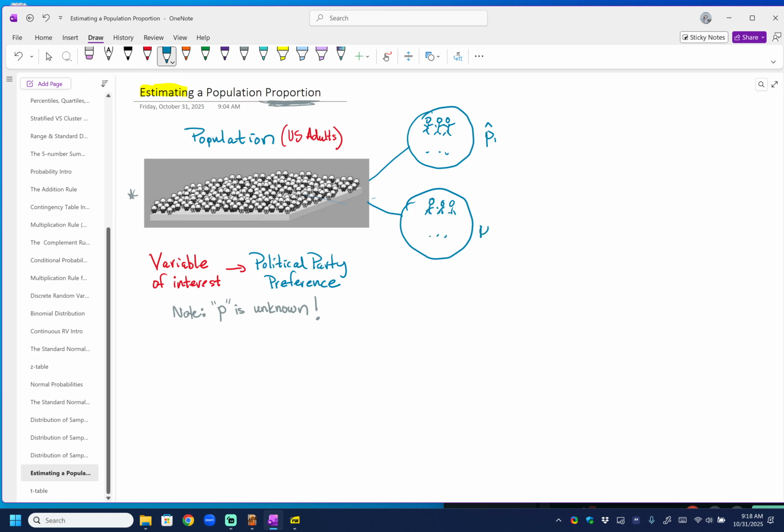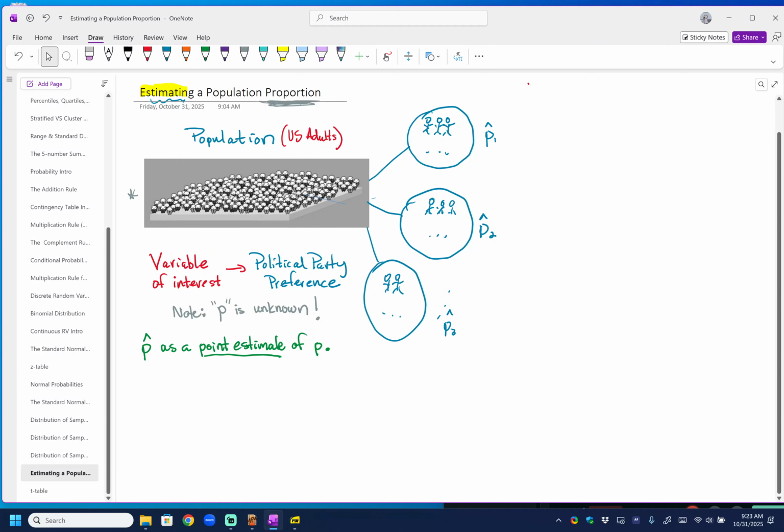And then they compute another sample proportion of US adults that are Republicans. And they obviously just keep on doing the same thing, right? P hat 3 and so forth. You just keep on doing that. So we have a bunch of samples that we could take in order to estimate what P is.